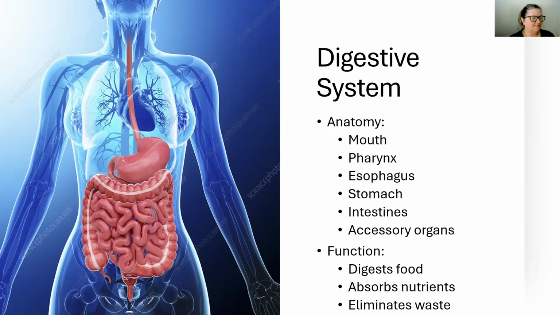The stomach, the intestines, and the accessory organs thereof, so things like the liver and the pancreas and the gallbladder and stuff like that. The digestive system functions to digest our food, absorb the nutrients from it, and then eliminate wastes or whatever's left over so it does not get built up in our body.